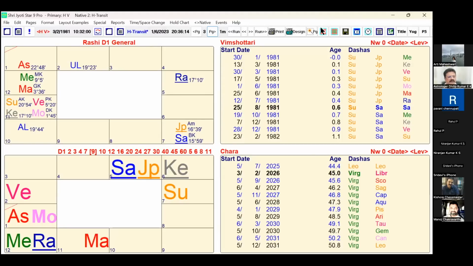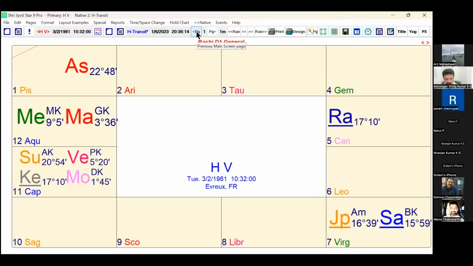Definitely we can give the location, because this is not our client. This is the details. It is in France, but I've hidden the name. Birth time 10:32 a.m.